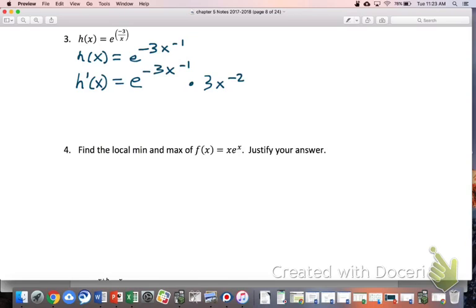So take a look at number 4. It says, find the local min and max of f of x equals x times e to the x, and justify your answer. This really ought to be able to be done without a calculator. So take a minute, explore around through this, see what you can do, but don't use a calculator.